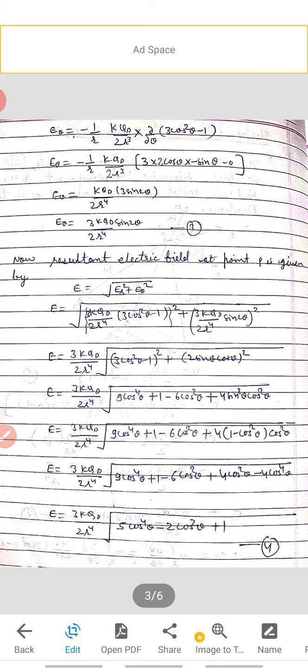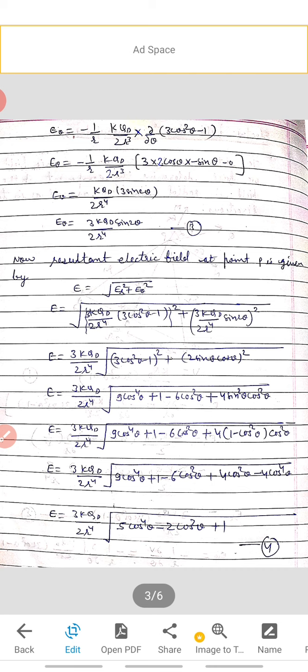Now if we solve this equation, then we get that the resultant electric field E is equal to 3KQD divided by 2R power 4 into under root 5 cos power 4 theta minus 2 cos square theta plus 1.